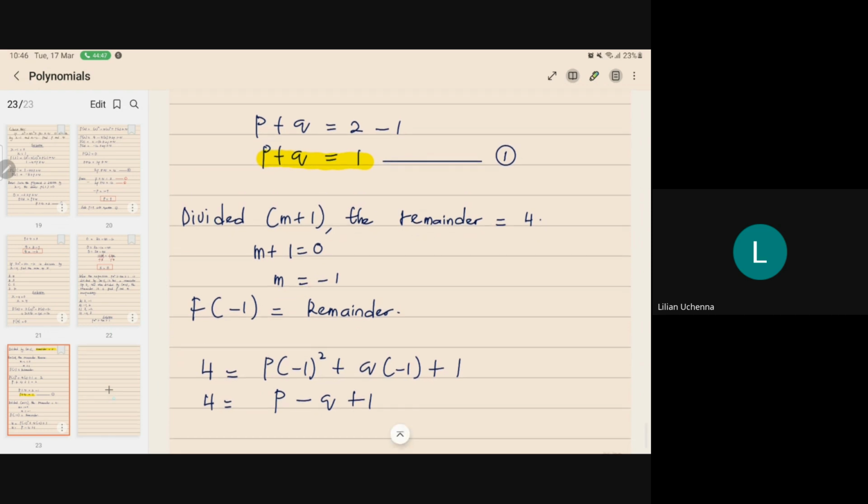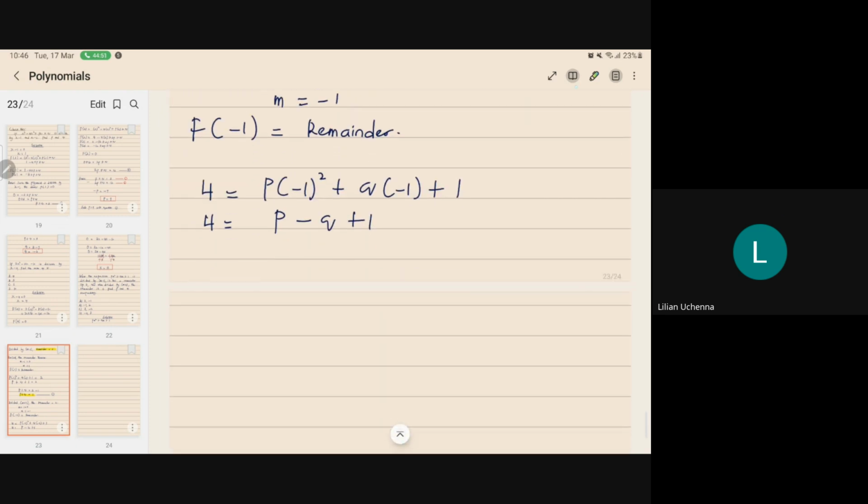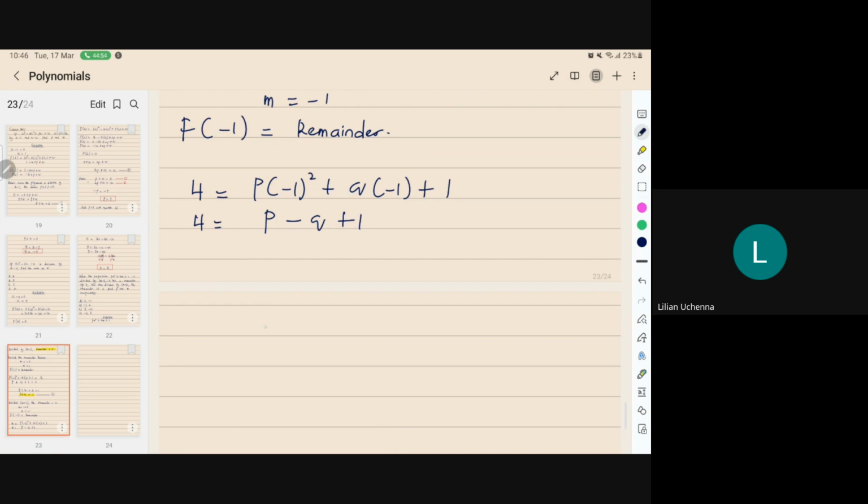So when we simplify, this will give us that p minus q is equal to 4 minus 1. So p minus q is equal to 3. This will be our equation 2 right here.